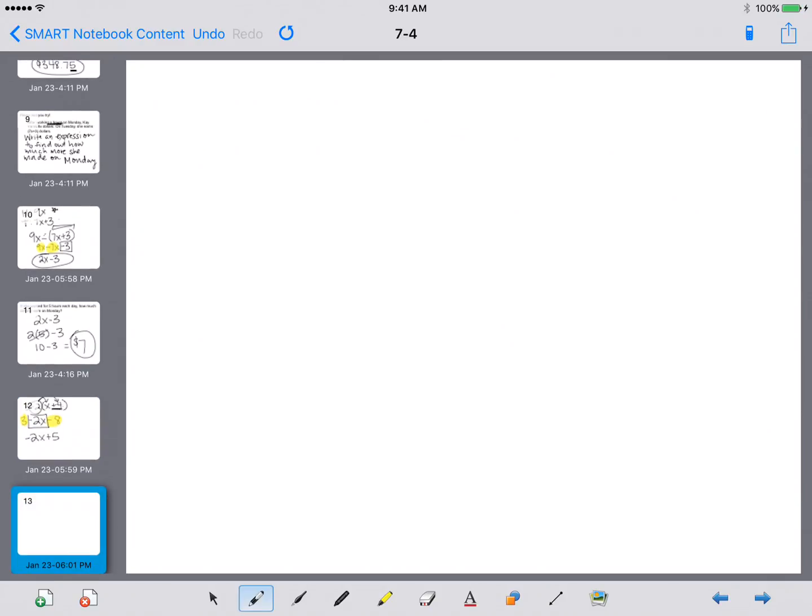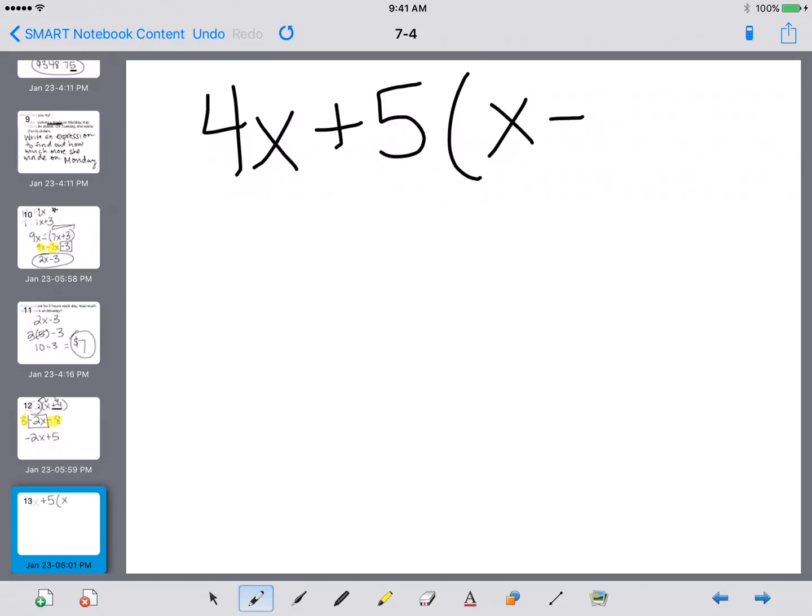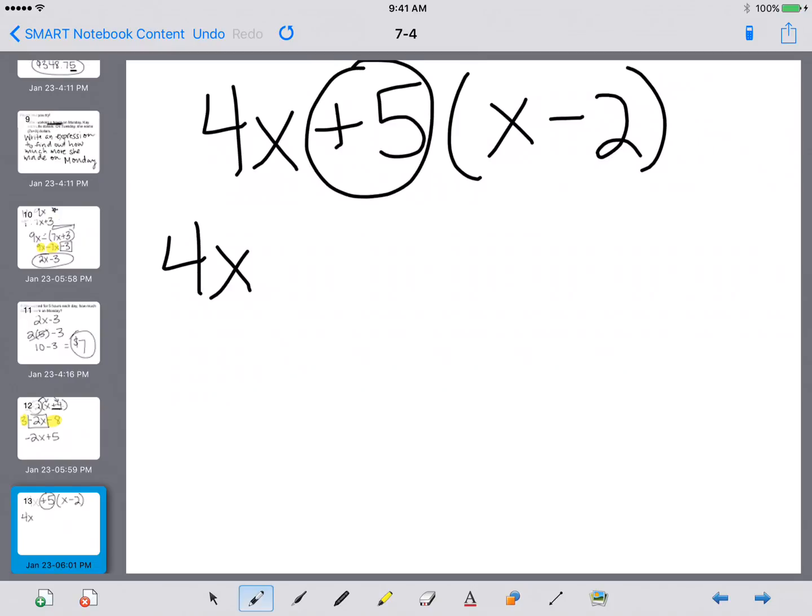So for example, if I have 4x plus 5 parenthesis x minus 2, our 4x is just going to come down. This whole 5 is going to distribute to everything within the parentheses. So it becomes positive 5 times x, which is just 5x.